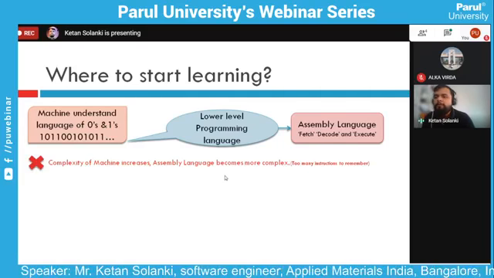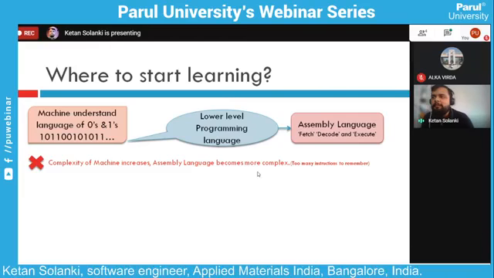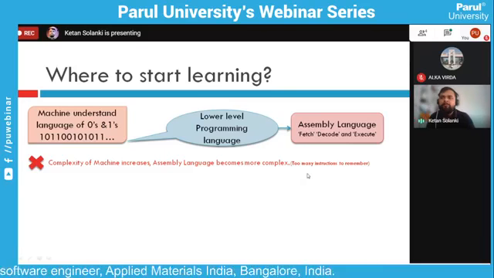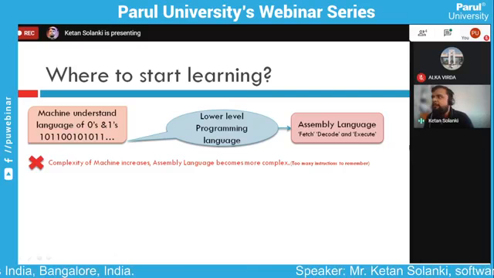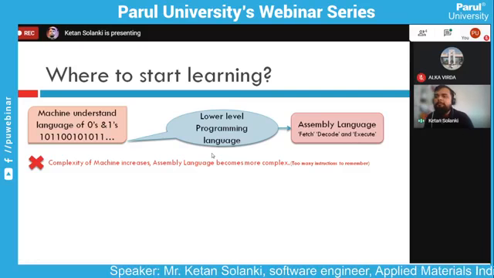But the biggest drawback of this assembly language is that as soon as the complexity of hardware and software grows, the instruction set requirement will be higher, and the code will be more complex for the user to understand.